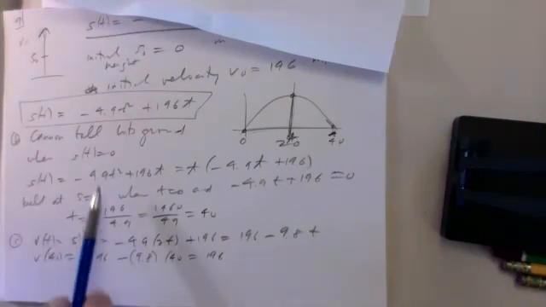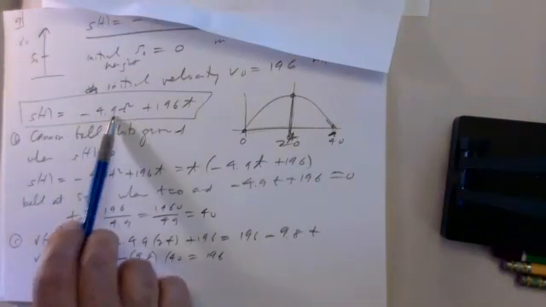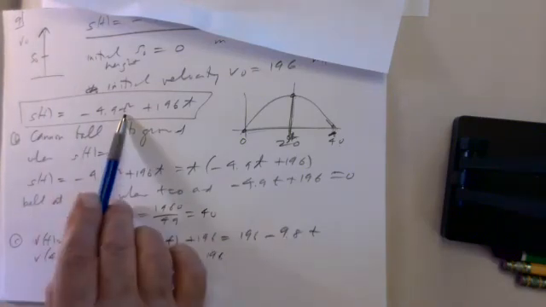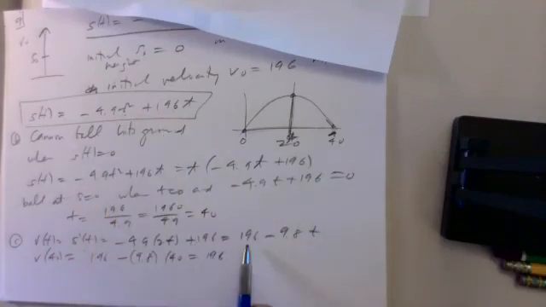So here's s of t. That's the position. The velocity is the derivative. So it's minus 4.9 times 2t plus 196, or 196 minus 9.8 times t.